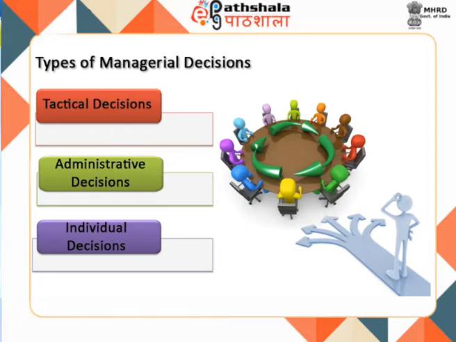When decisions are taken by the board of directors, departmental committees, or by any other group, it is called a group decision. They are not related to routine problems, rather complex and unique. It is observed that decisions taken by a group are better than decisions taken by the individuals.